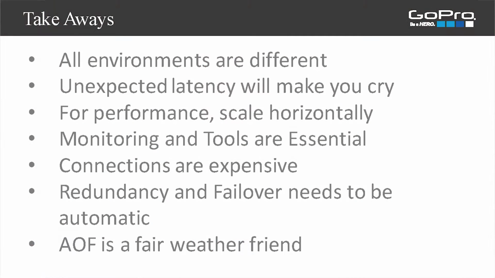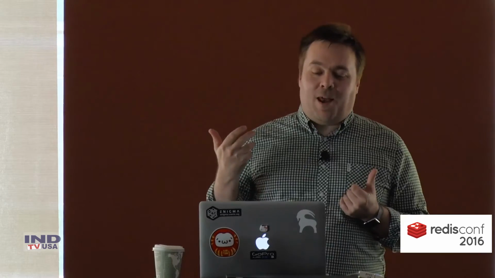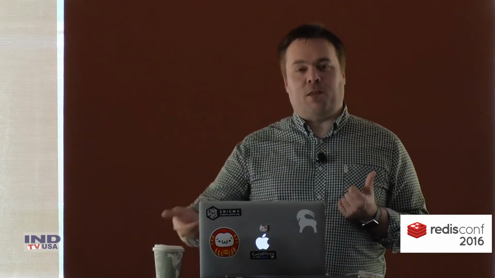So what I would hope you take away from today is, again, all environments are different. I'm giving you some general principles, some ideas, and some things to think about, but your app and what you do with your app is going to be different from what I need to do with my app.